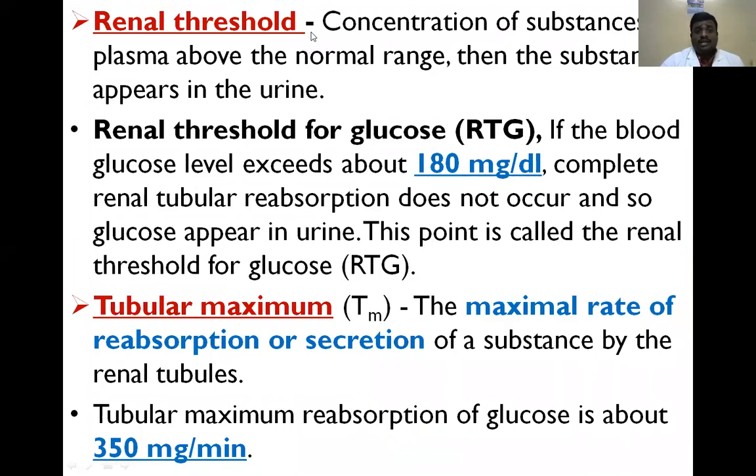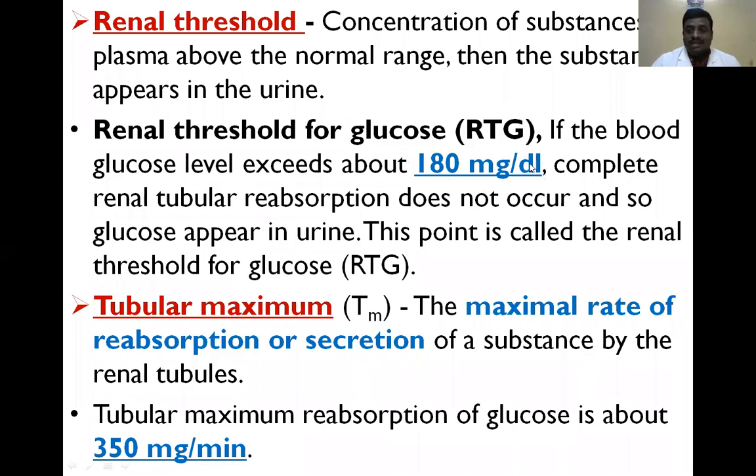Renal threshold. It is very important for viva questions. They will ask you, if you find glucose, whether it is in the blood or in the urine. They will ask you the renal threshold of glucose. So what is renal threshold? For example, the renal threshold for glucose is 180 milligrams per deciliter.